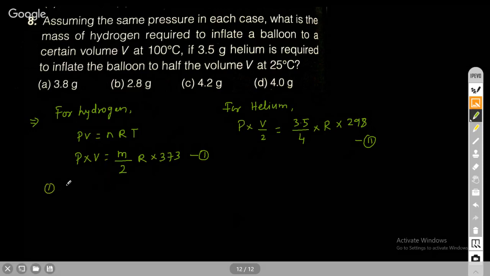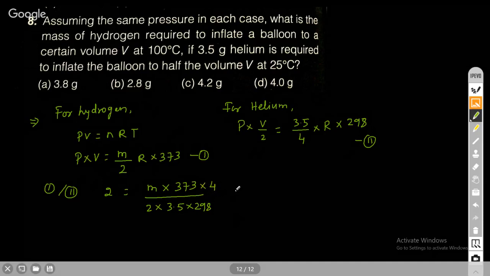When you divide 1 by 2, the left hand side will get cancelled, we'll get 2 over here, equals m into 373 divided by 2 into 3.5 into 298 into 4.